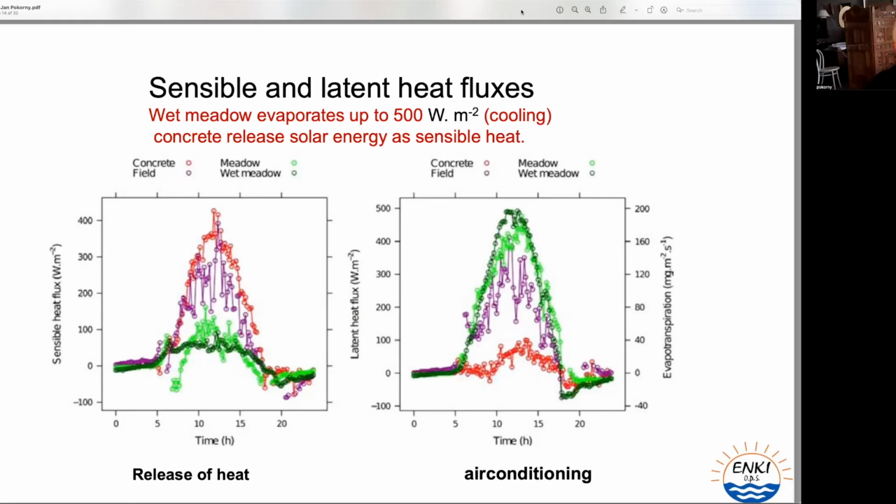The red one is concrete. So a lot of energy goes to evaporation in the case of wetland, and almost no energy goes into evaporation in concrete. Have a look on the left. On the left side, we see the so-called sensible heat flux. What is the heat which is produced on the surface? A lot of heat is produced on concrete, up to 400 watts, and not much heat is produced on the wetland.